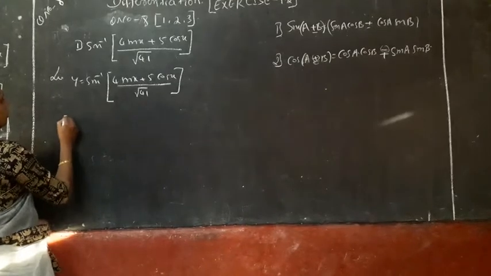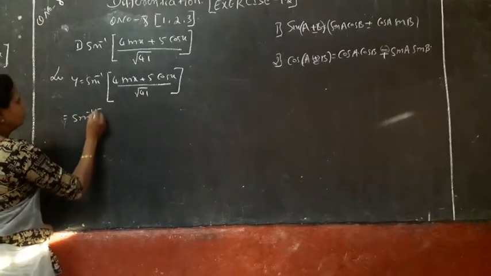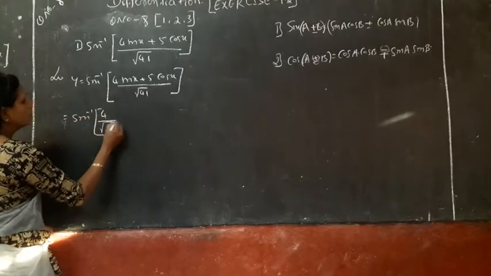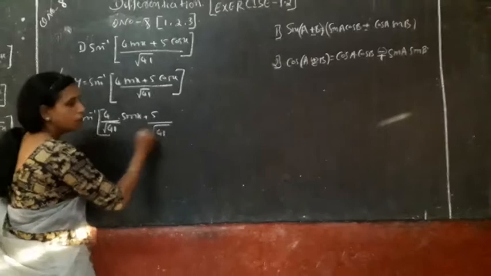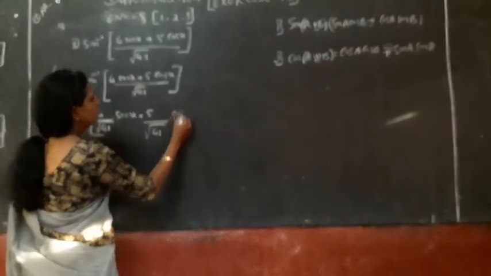First split the term inside the bracket, that is sin inverse of 4 upon square root of 41 into sin x plus 5 divided by square root of 41 into cos x.